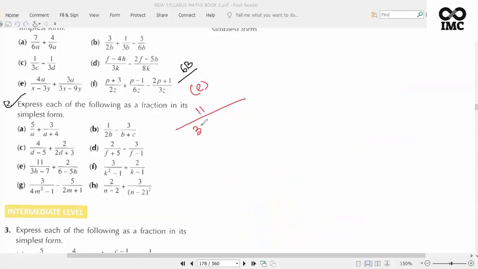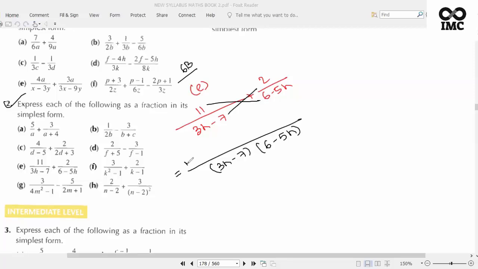And this is the solution of question number e. 11 divided by 3h minus 7 plus 2 divided by 6 minus 5h. So what will be the LCM? LCM will be 3h minus 7 into 6 minus 5h. So we will multiply these two and these two. So 11 multiplied by 6 minus 5h plus 2 multiplied by 3h minus 7.